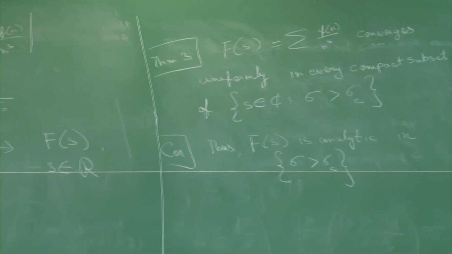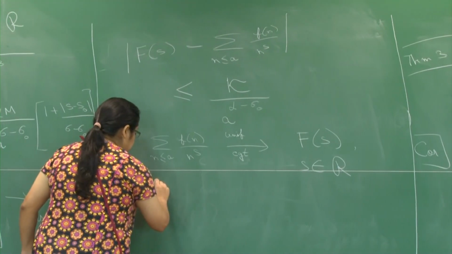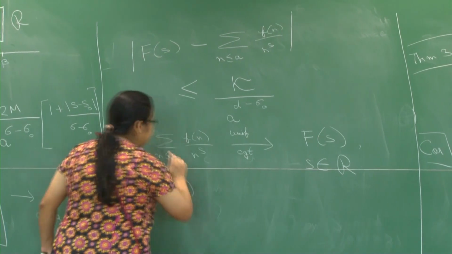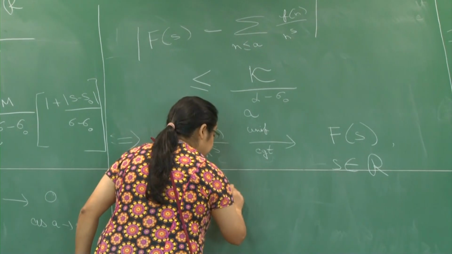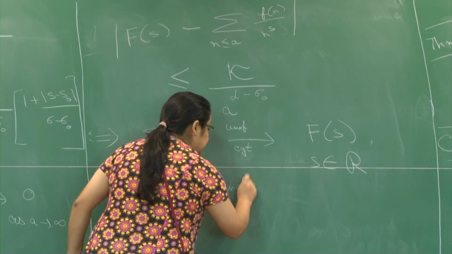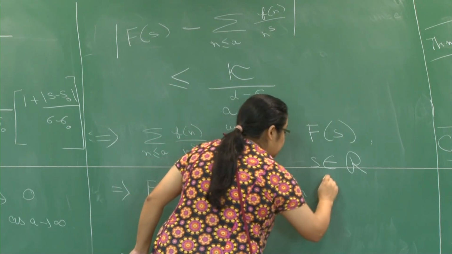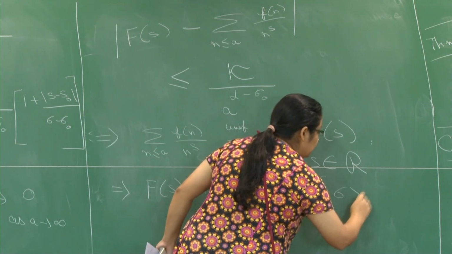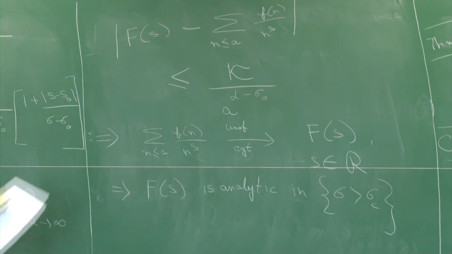And therefore, lo and behold, by your lemma from complex analysis, f of s defines an analytic function in the region where the real part of S is greater than the abscissa of convergence. So in its half plane of convergence, your f of s defines an analytic function.